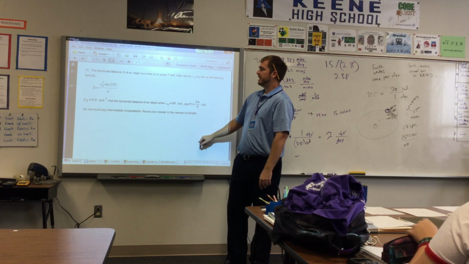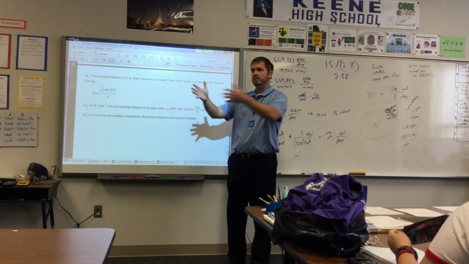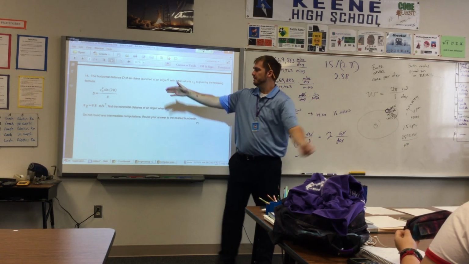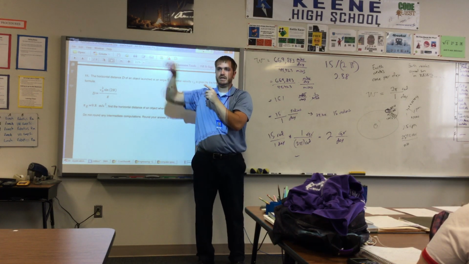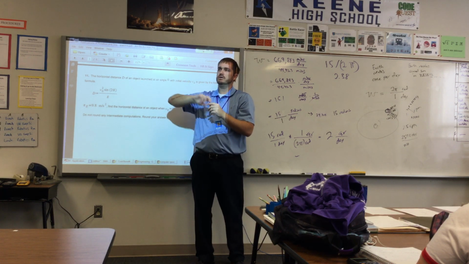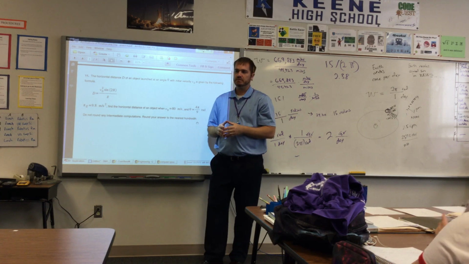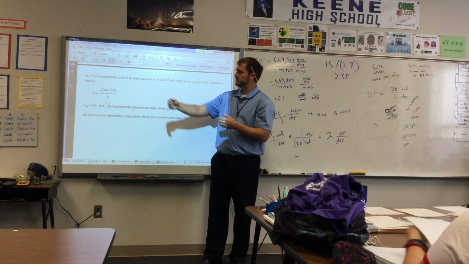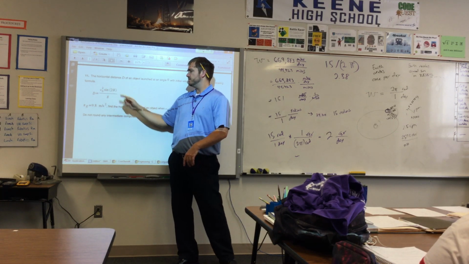And there's another one on the back. It had a very similar situation. This is showing you the horizontal distance. We call it the range that an object will travel if you fire a little Nerf gun or something like that. Or even if you launch a ball, or a softball launcher, or I don't know, catapult. If you want to figure out how far something travels given its initial velocity and the angle, then this is the formula.